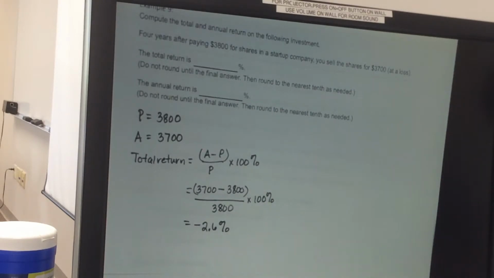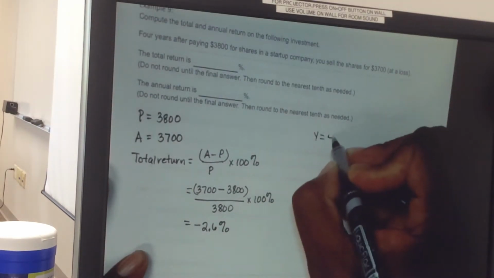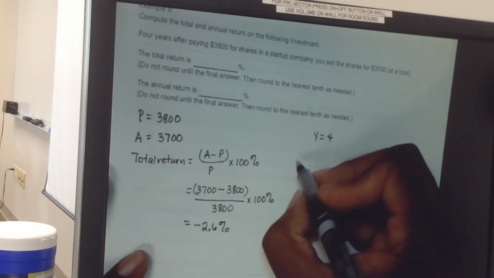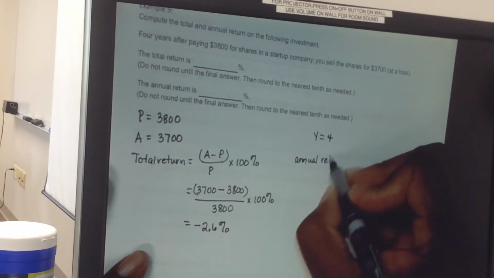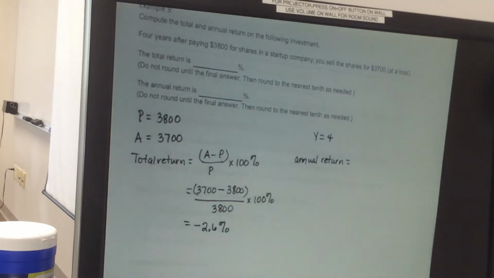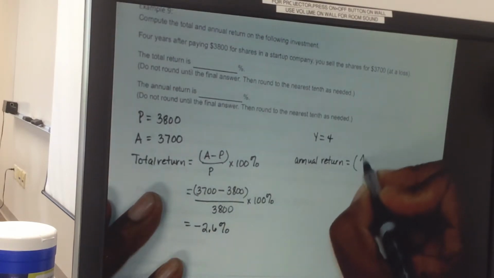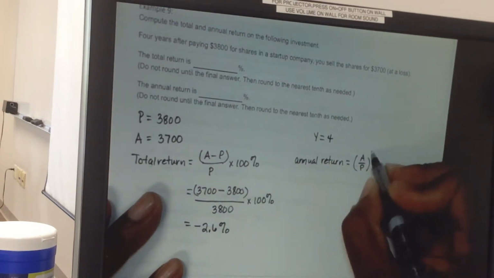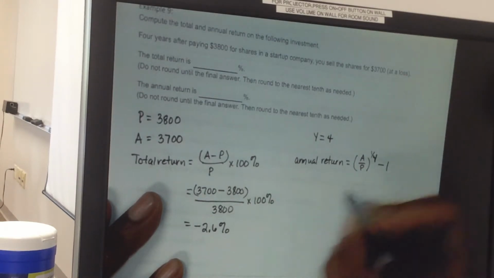And now for the annual return, this is 4 years in this case, so y is equal to 4. Your annual return will be A divided by P raised to the 1 over y, minus 1.